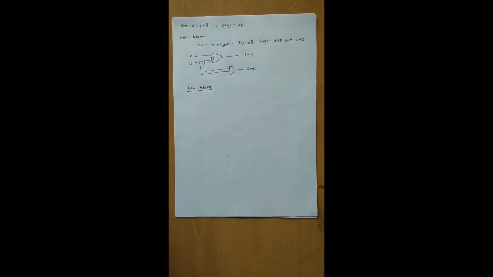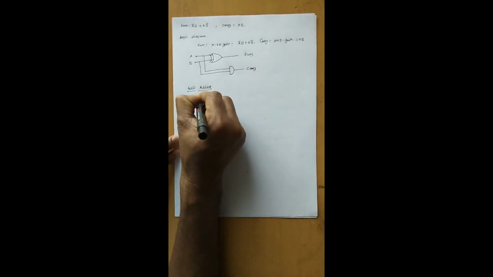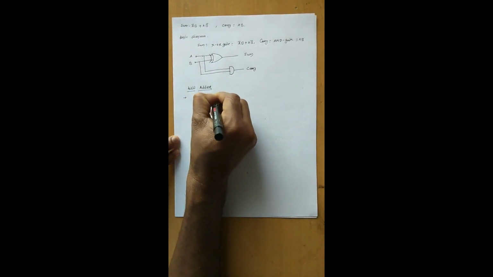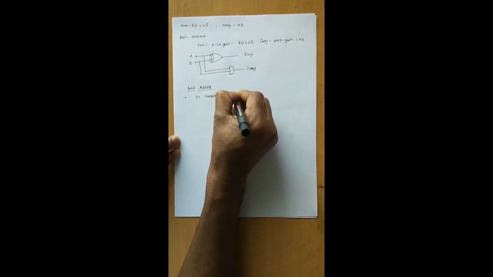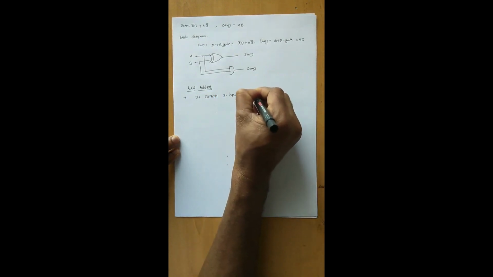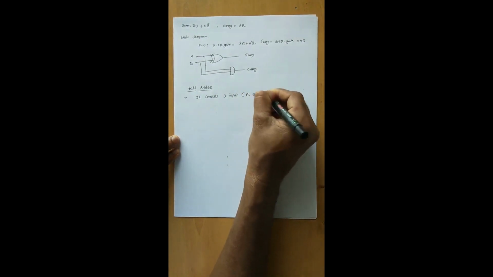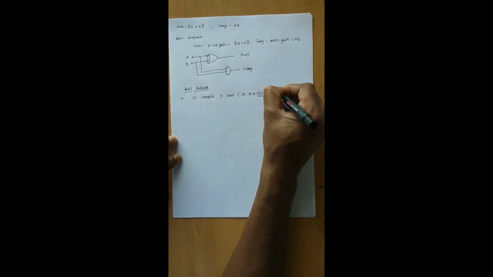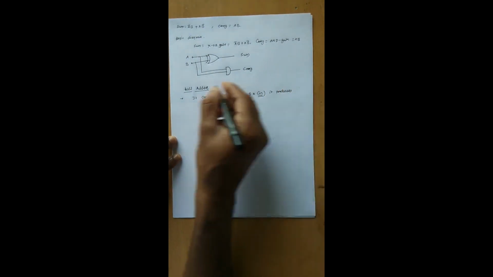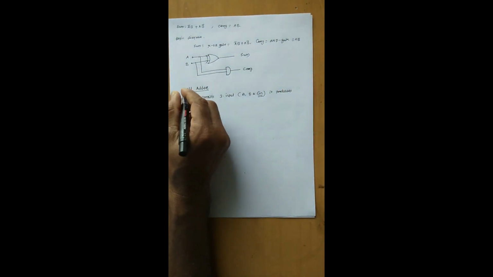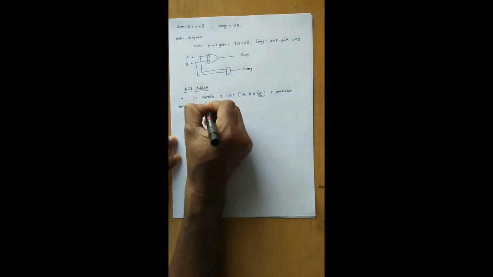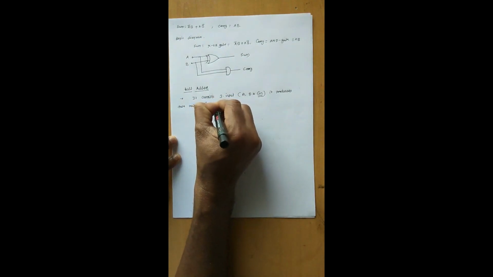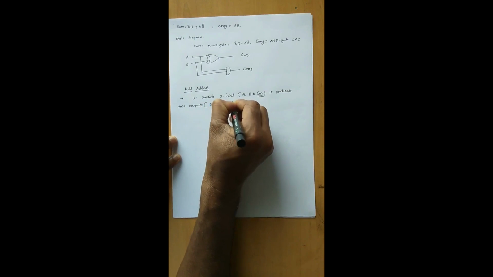The full adder consists of 3 inputs. The inputs are A, B and C in, which is the carry in of the previous stage, and it produces 2 outputs. The outputs are sum and carry out.